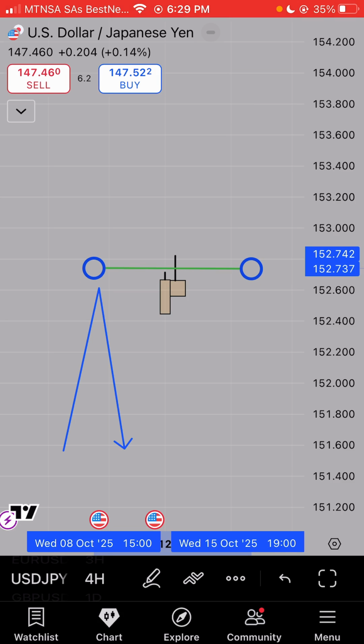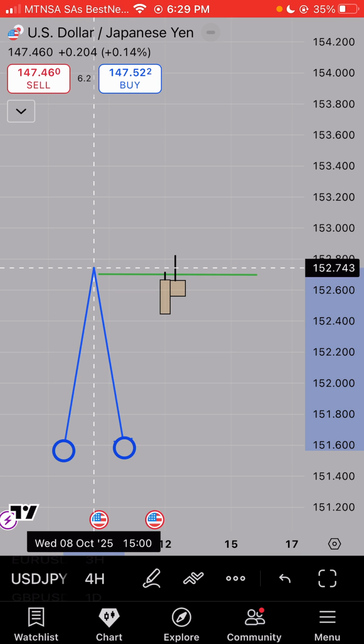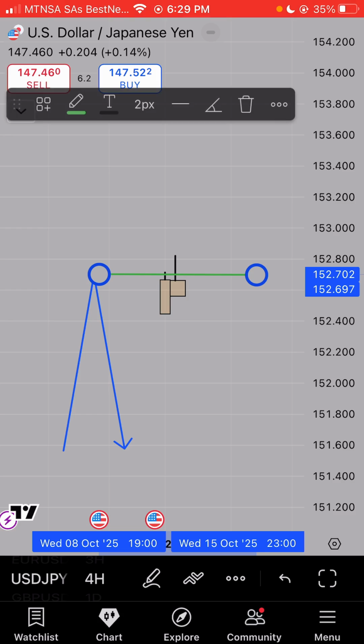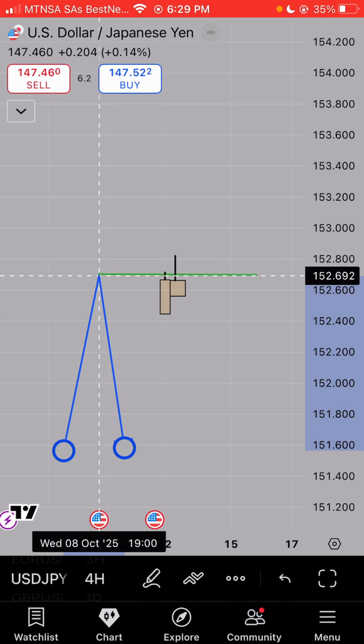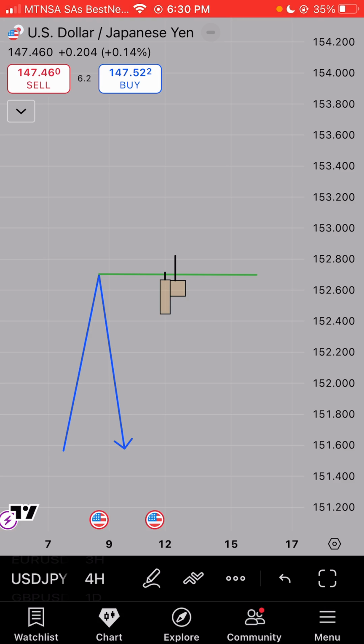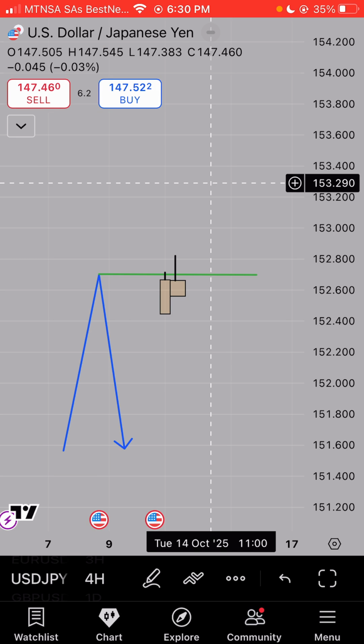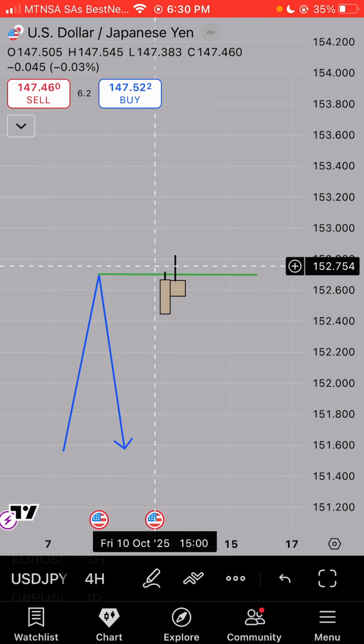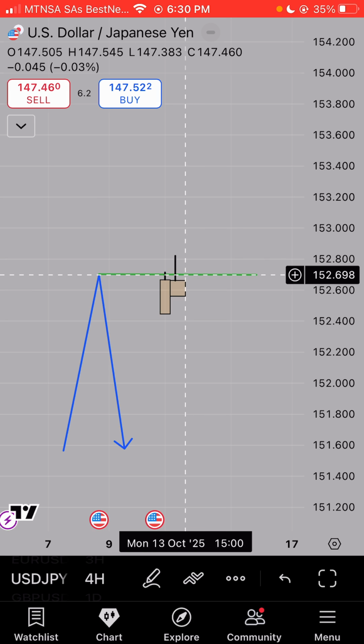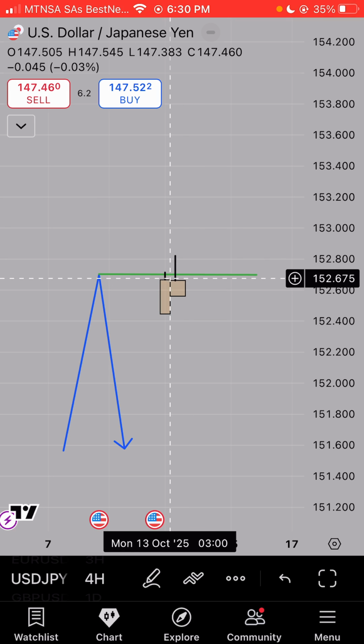So example like this, right? If you identify the MSNR key level on the left and you get something like this, then this is a high probability trade overall.